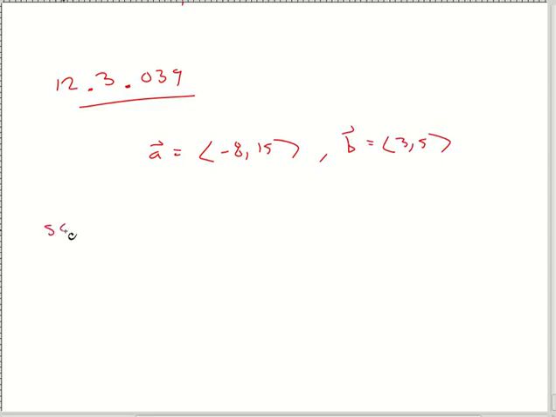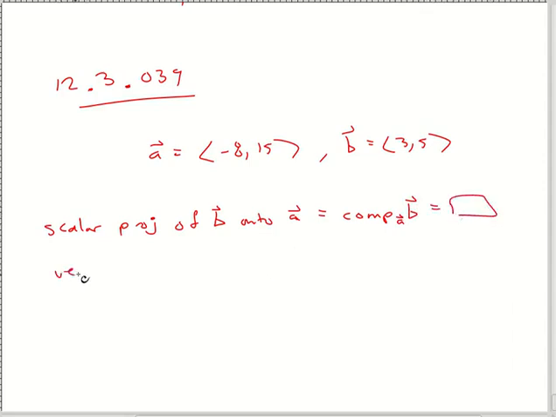They want the scalar projection of B onto A, and you can write this as comp, with a little subscript A vector, and then a regular size B vector. So they want that, whatever the heck that is.